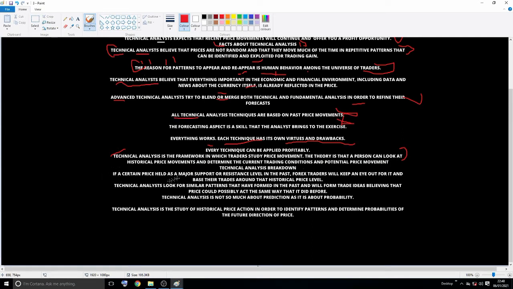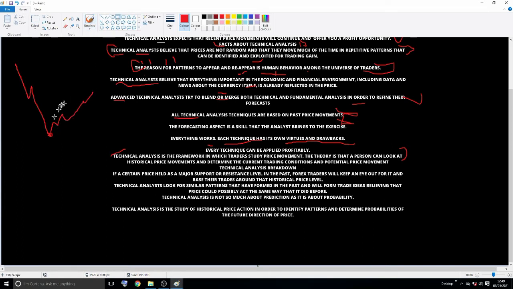If a certain price held as a major support or resistance level in the past, forex traders will keep an eye out for it, and based on their trades around that historical price level, technical traders will look for similar patterns that have formed in the past and will form trade ideas, believing that price could possibly act the same way that it did before. Let's say the price was dropping and it came here and created a low and started going up.